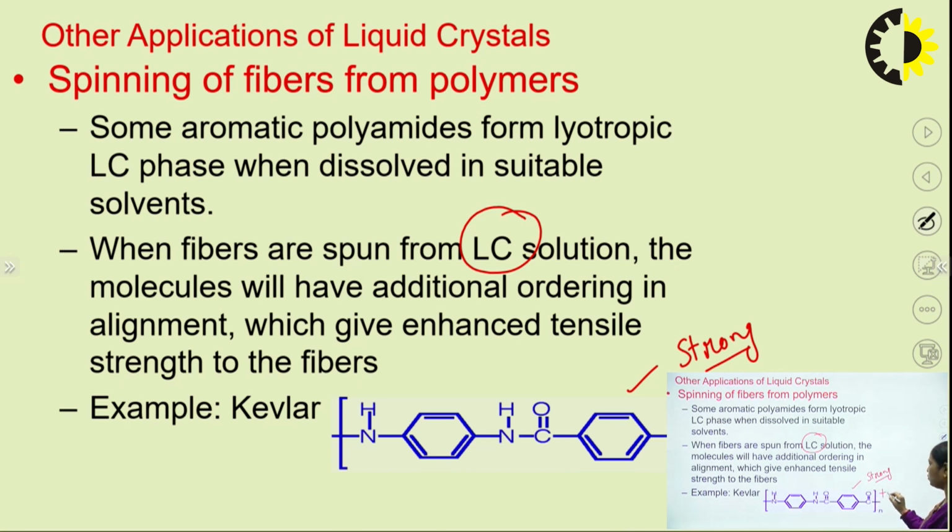When it is mixed with liquid crystals, which are also elongated organic molecules, the strength of this fiber gets enhanced. So whenever aromatic polyamides like Kevlar are mixed with lyotropic liquid crystal, their strength can be enhanced, and a higher strength polymer can be obtained.